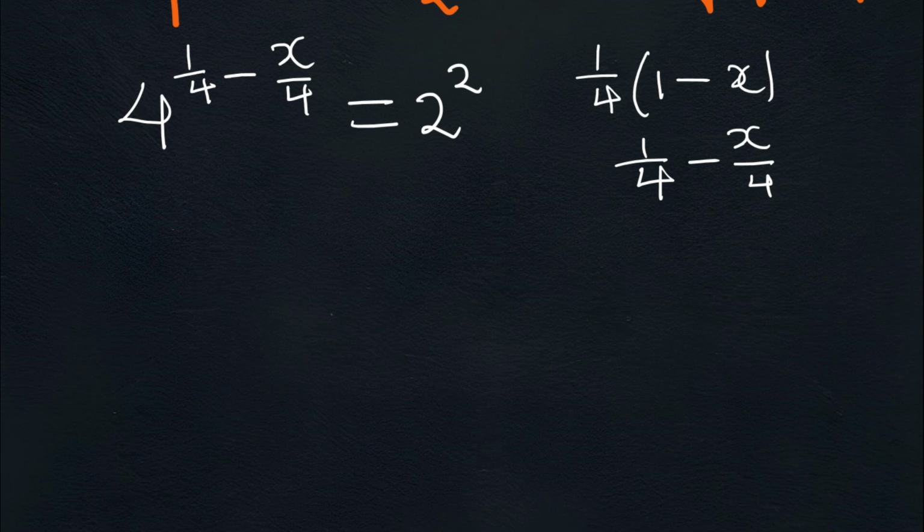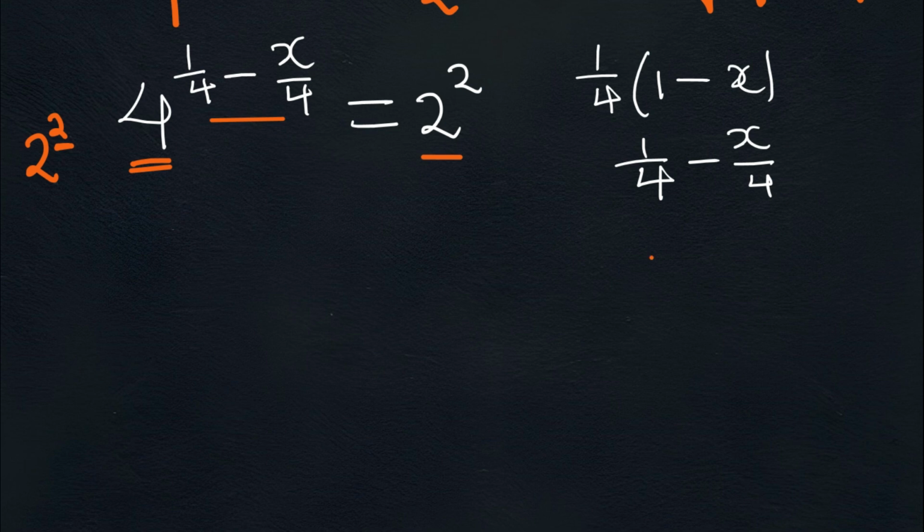So as you can see, on the left hand side we have got a base of 4, but on the right hand side we have got the base of 2. But we can convert this 4 to be the base of 2 by saying 2 to the power of 2, and we multiply the exponent of 2 with this exponent.